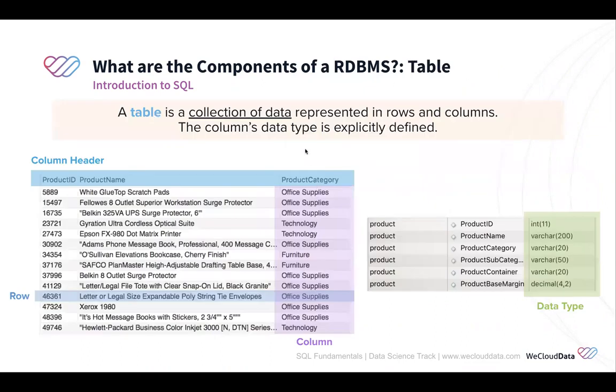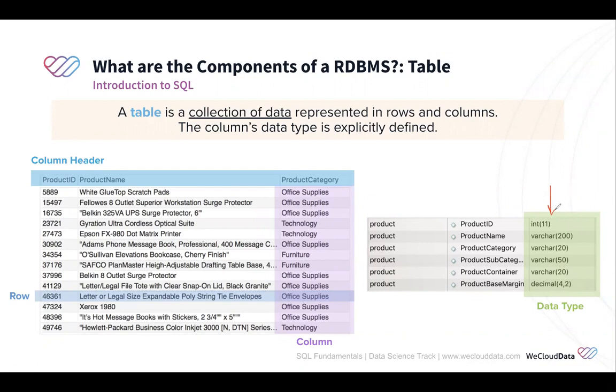All right. Let's talk about the first object, which is the table. I think this is very straightforward. It's just a collection of data represented by rows and columns. So we have rows, columns, column names, and of course we need to store other schema information, such as the data type. We can do this in Excel as well.